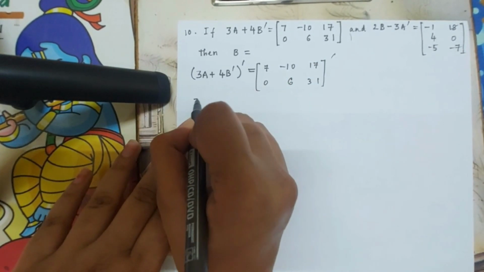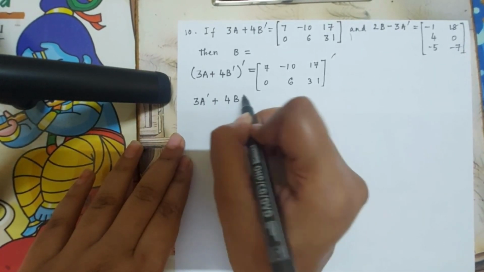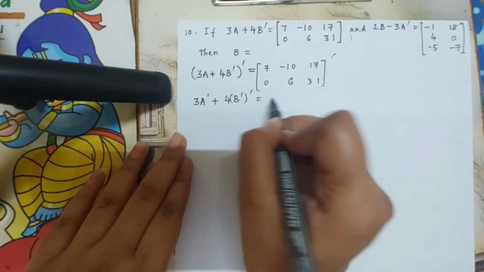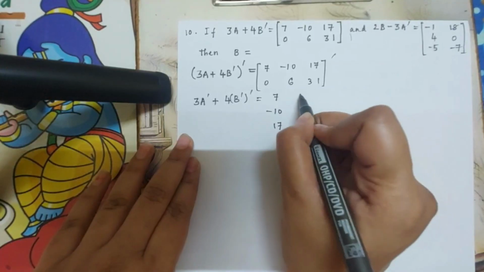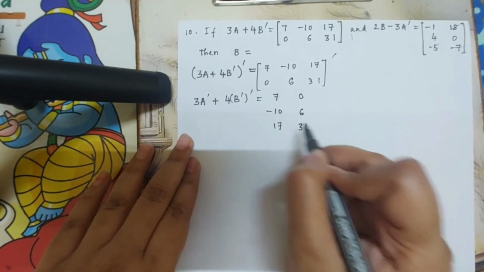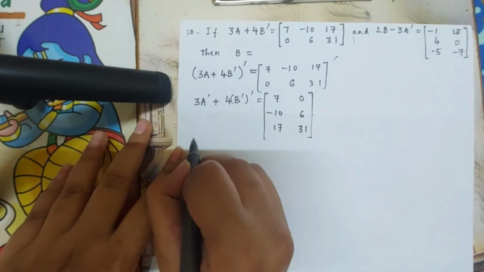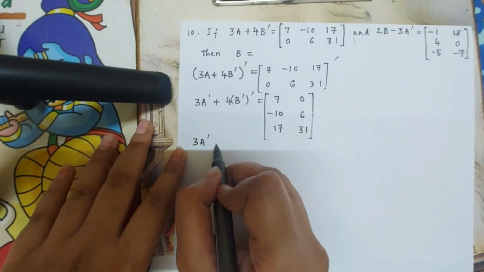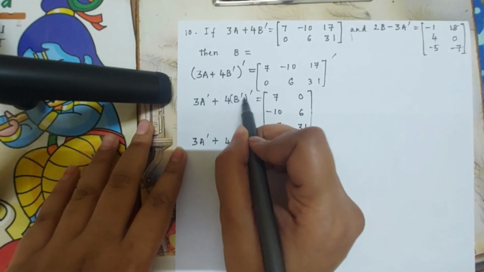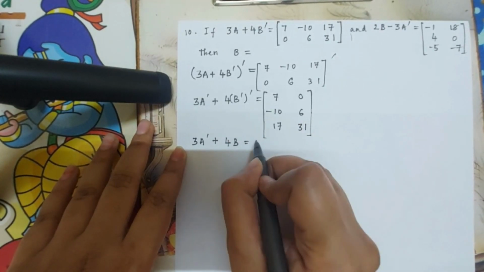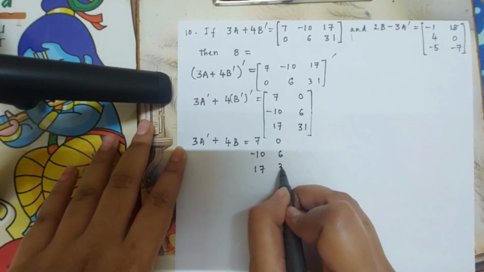Here I'll be able to get this as 3A dash plus 4B dash the whole dash. B dash the whole dash is again B. So this is 7 0 minus 10 6 17 31.